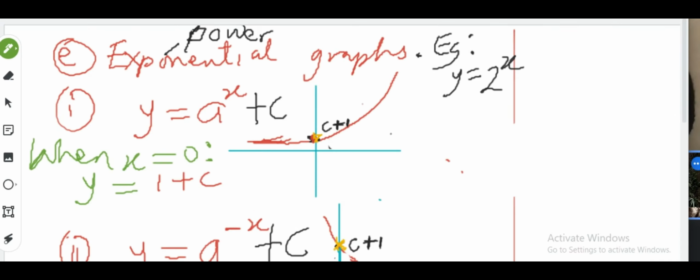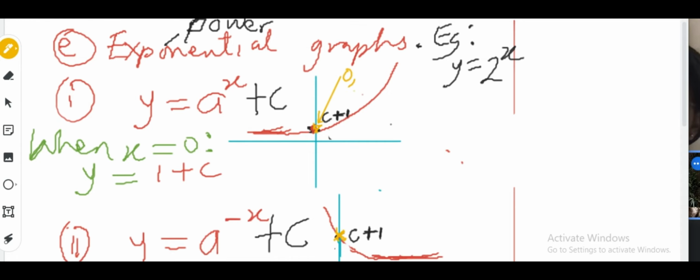Let me zoom in. This coordinate, I will use a yellow pen. 0, c plus 1. Also, this coordinate is 0, c plus 1. That's the intercept.